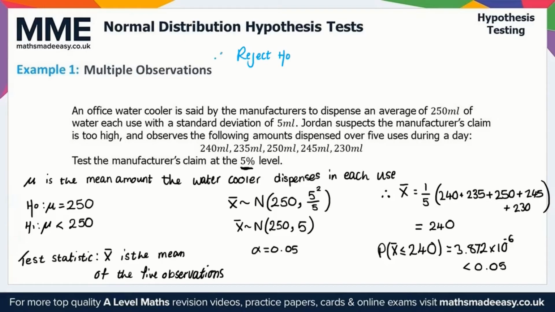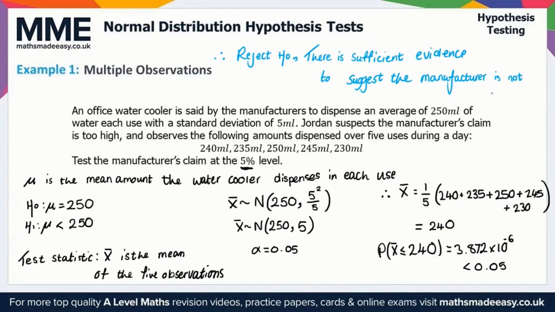And what we say then is there is sufficient evidence to suggest the manufacturer is not correct. Okay. And that gives us our solution there to example 1.